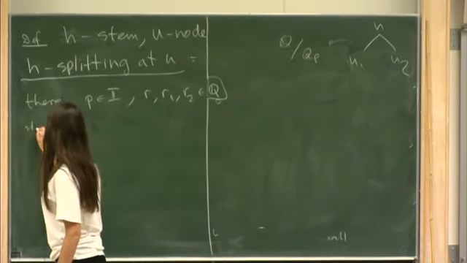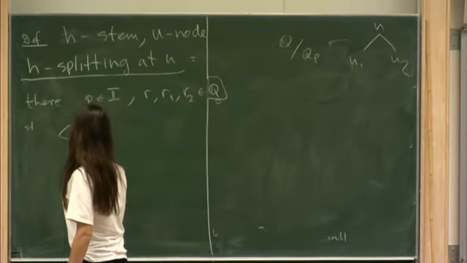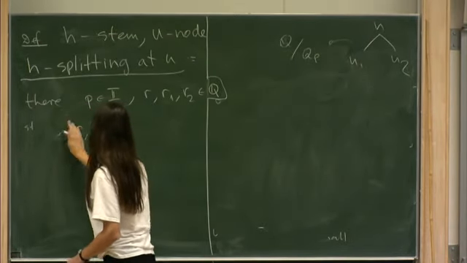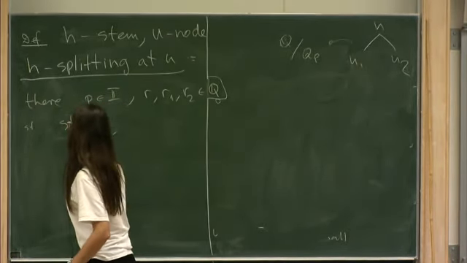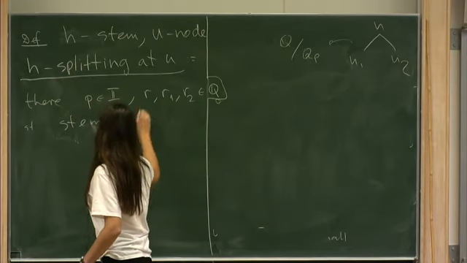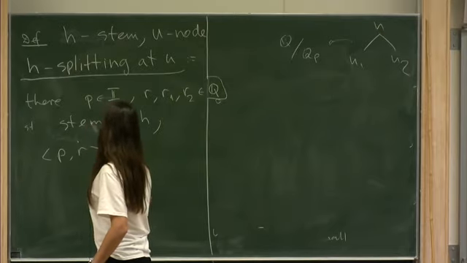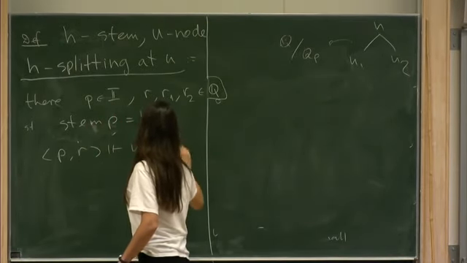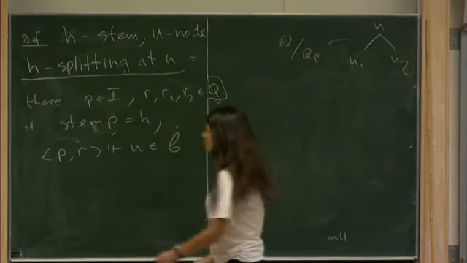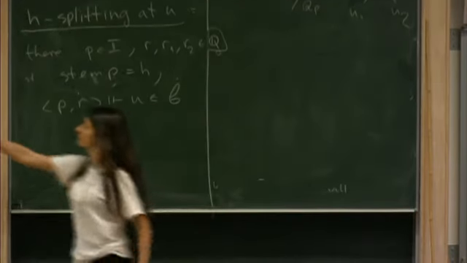Such that, okay, so the stem of p is H, p R forces that U is in the branch over this I dot Q.